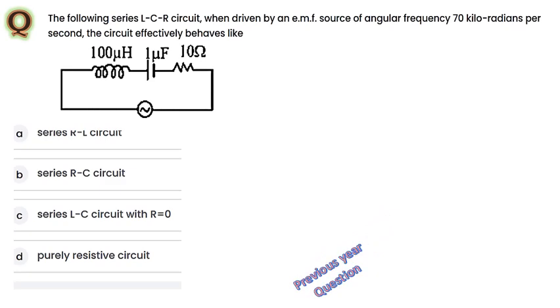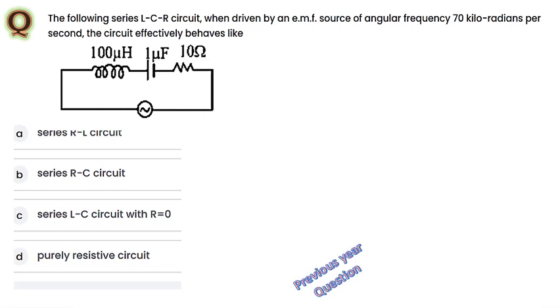Now here in this question, see the following series LCR circuit, with inductance, capacitor and resistance, when driven by an EMF source of angular frequency 70 kilo radian per second. The circuit effectively behaves like, depending on which value dominates, either an inductive reactance or a capacitive reactance.